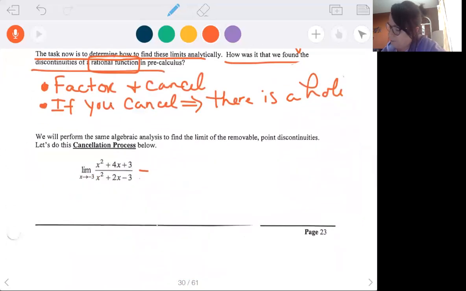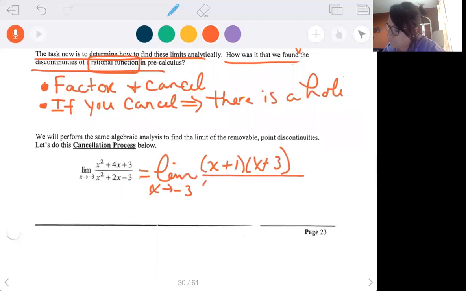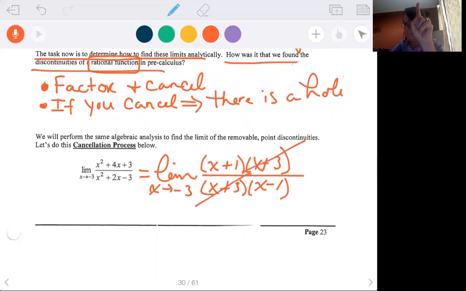Watch what happens when I factor this. Okay. The minute I cancel, I know there was a hole. So canceling top to bottom is the location of a hole in the graph. So there is a hole at x equals -3.